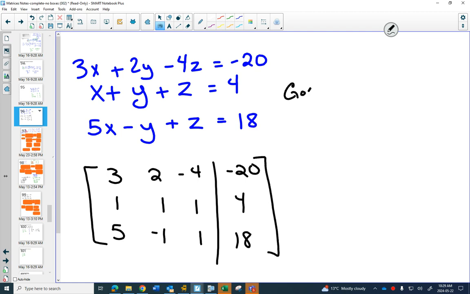Our goal is to have, in this bottom corner, the whole bottom corner to be zeros.